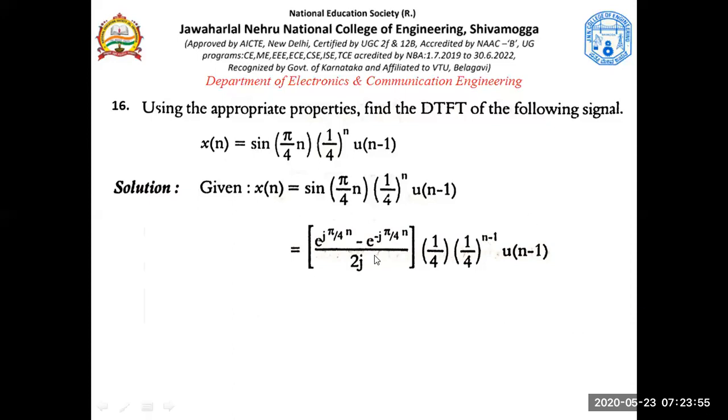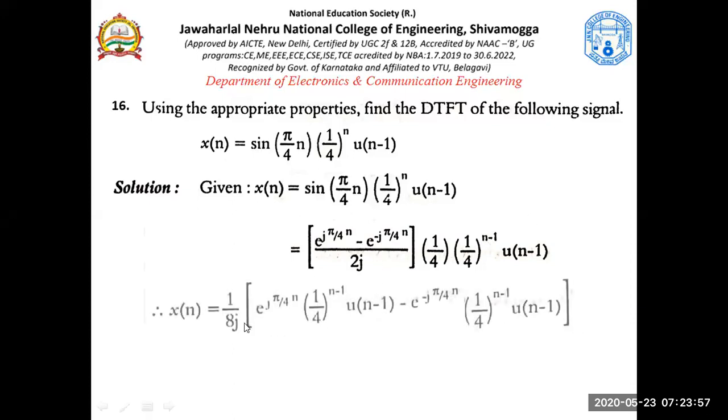So let's bring this 1 by 4 and 1 by 2j is right there, so that is kept out as 1 by 8j. And these exponentials: this is one exponential which needs to be associated with this signal, and this is another exponential which needs to be associated with the other signal.